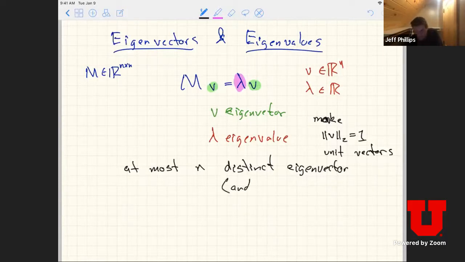Each eigenvector is paired with an eigenvalue. These tell you a lot of structure about the matrix, which is pretty important.